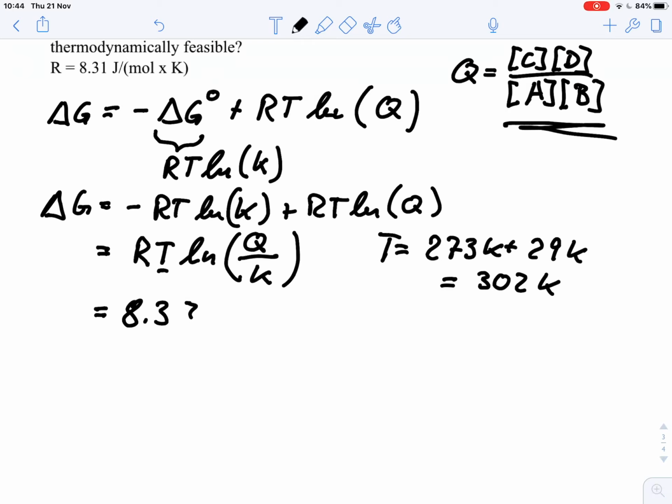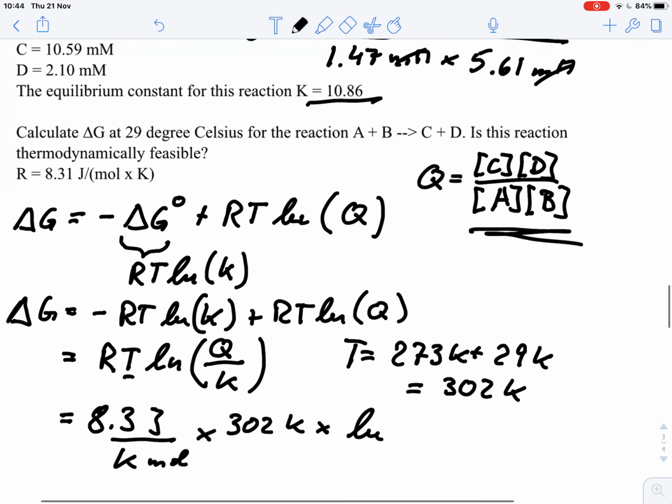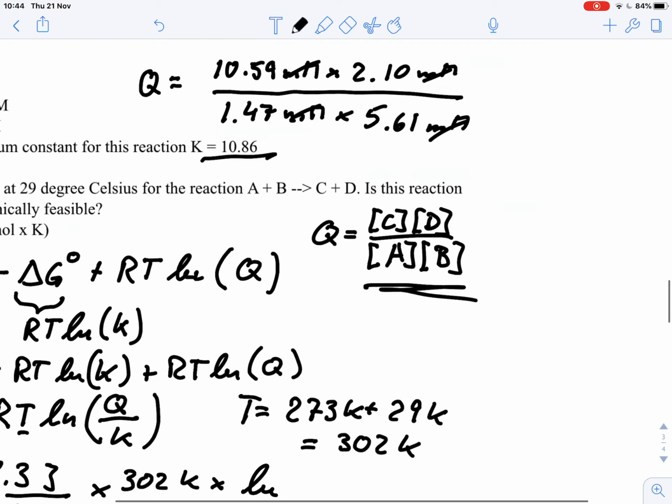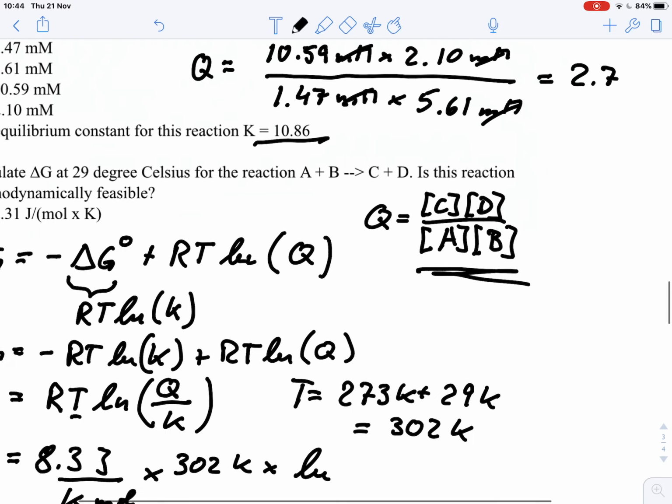So we've got 8.3 joule per Kelvin and mole times 302 Kelvin times ln, and if we do the Q, we can calculate that, and if we put that in a calculator, that gives us roughly 2.7.